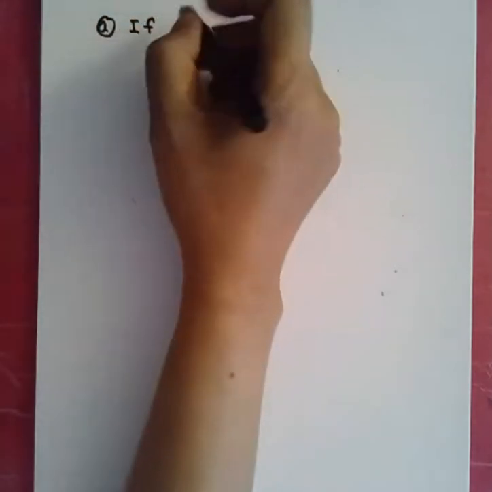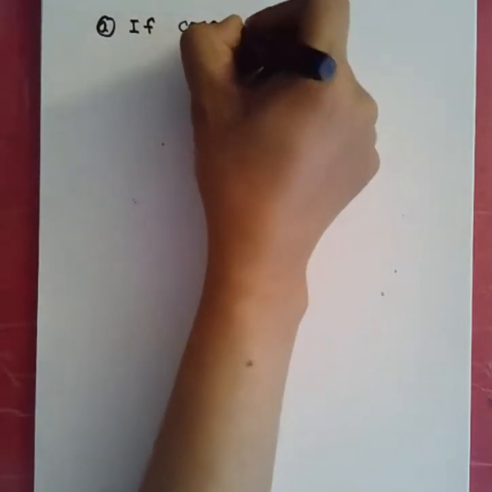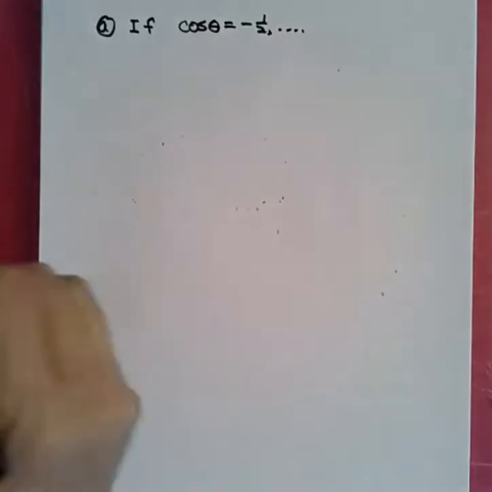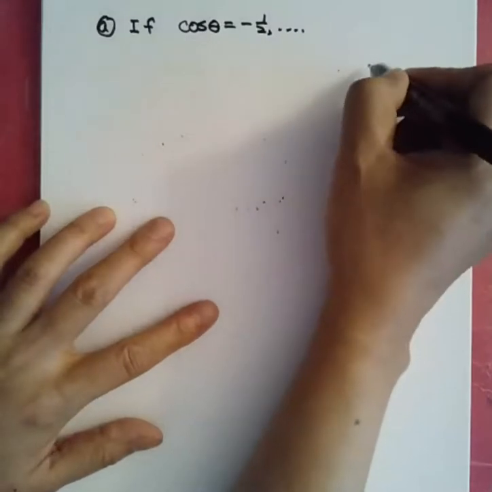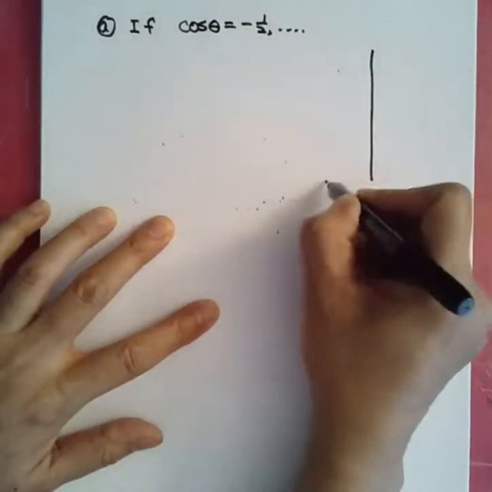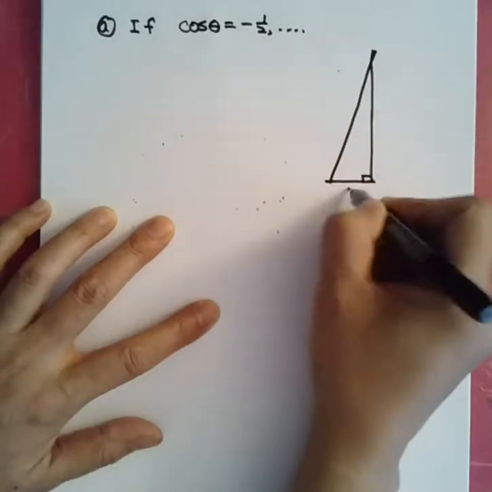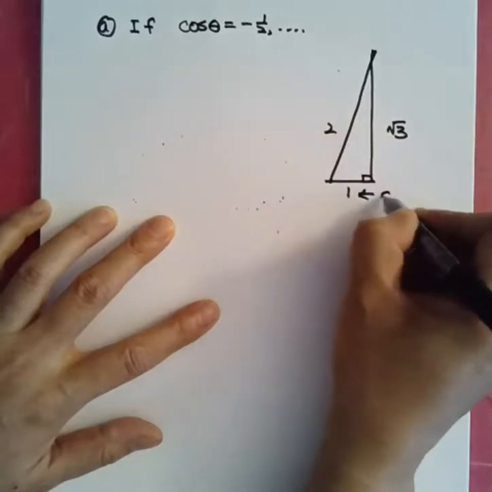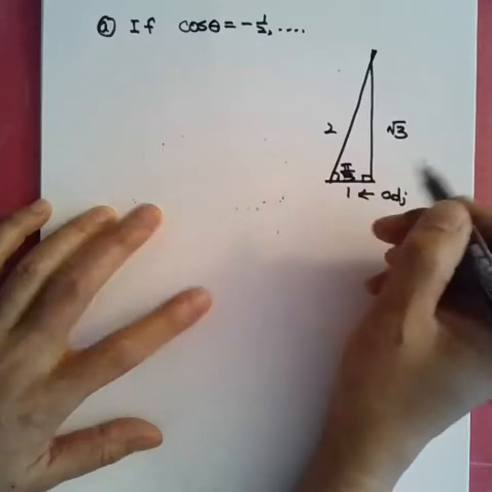Let's do case by case. If cosine of theta equals minus 1 over 2, then we will relate that with 30, 60, 90-degree triangle. 1 is adjacent, and the reference angle is pi over 3.